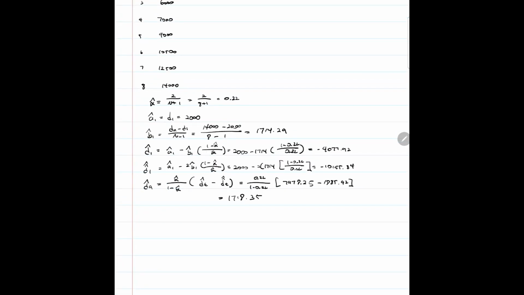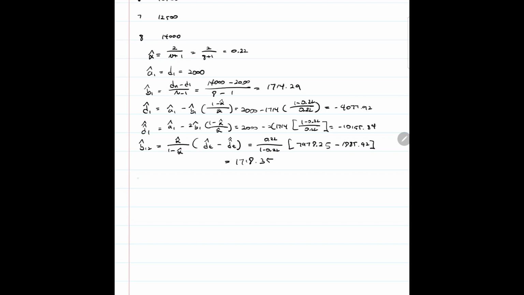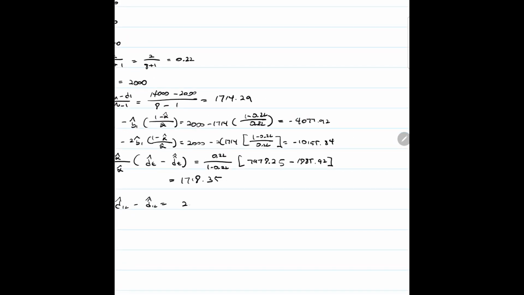This was a demand on period 9. This was a B hat on 12. Now we need the A hat on 12. I mean, did I say 12? It's 8. It would be 2 times D hat 8 minus D double hat 8, which is gonna be 2 times 9,98.25 negative.